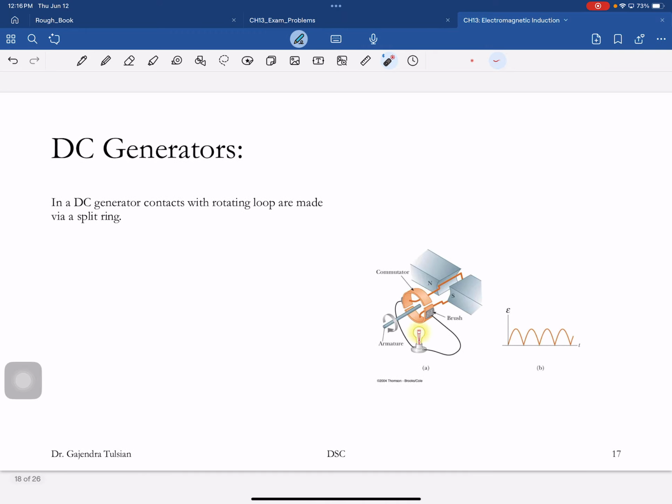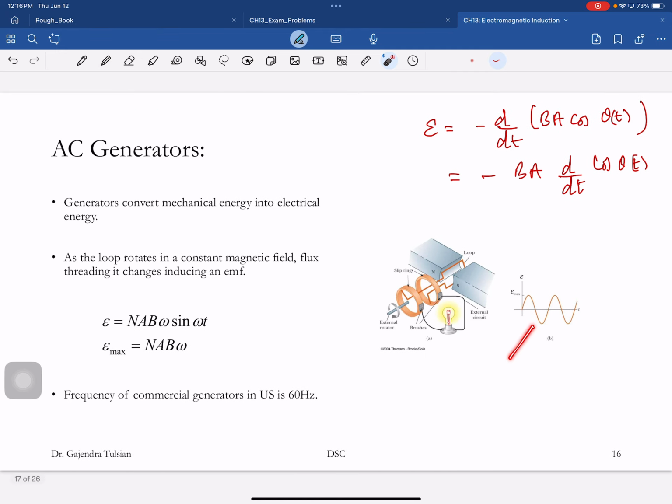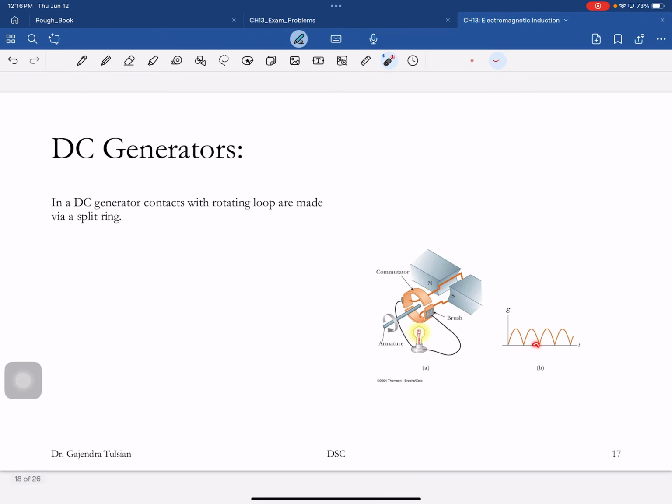Your computer doesn't like this voltage. Your computer likes this voltage, 9 volts or something like that. And so we'll learn how to convert this waveform to DC volts.